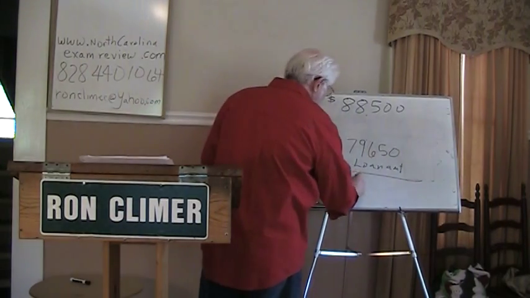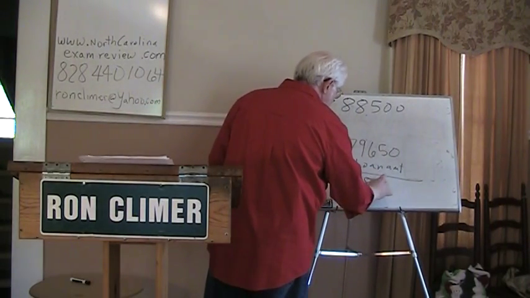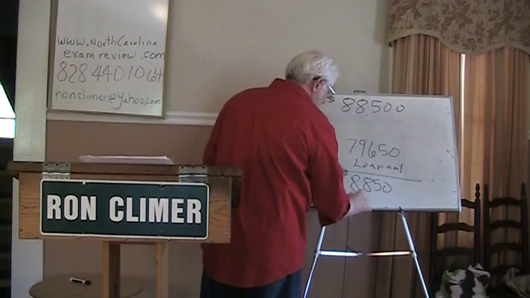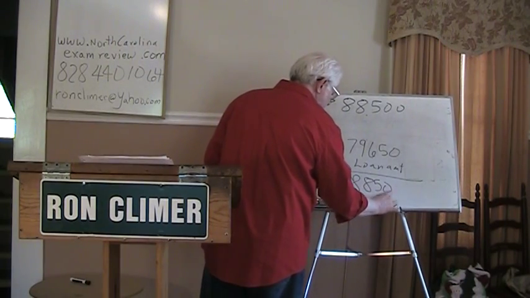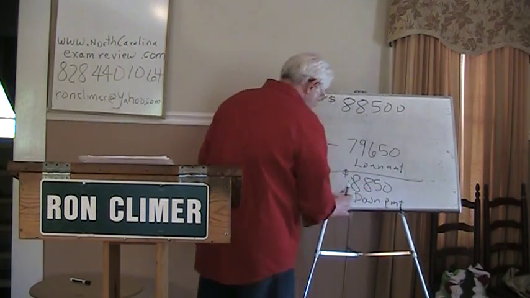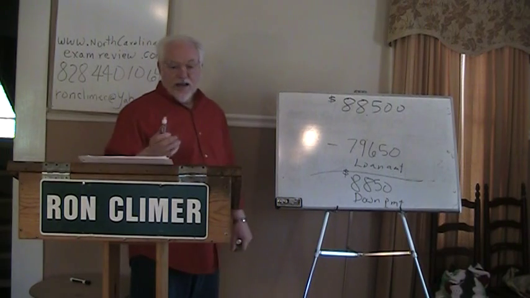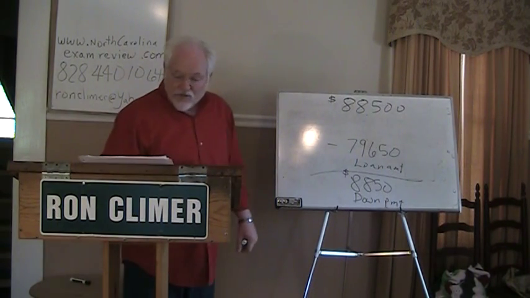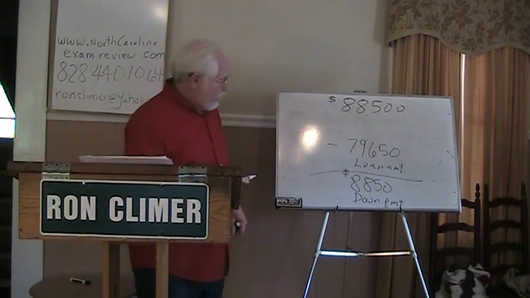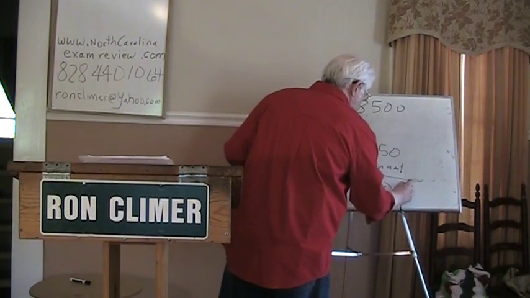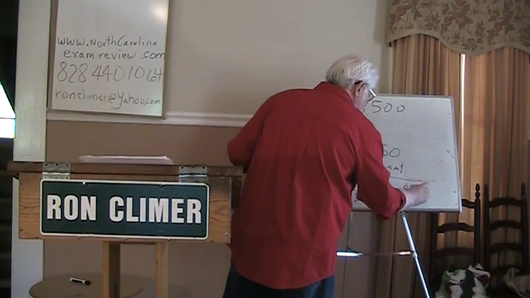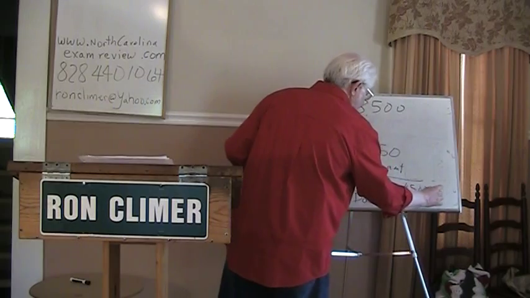So you need a total of $8,850 in total down payment. And how much have you already paid? You've paid $4,500 as an earnest money deposit.